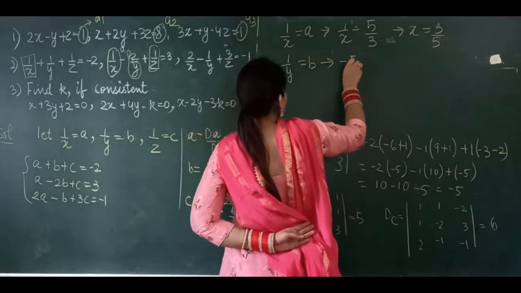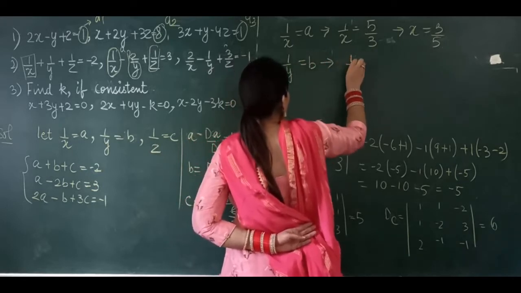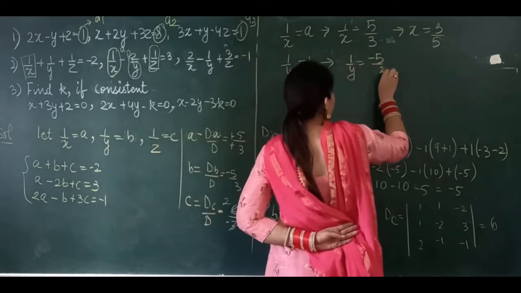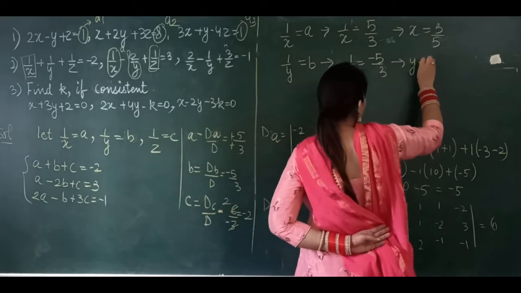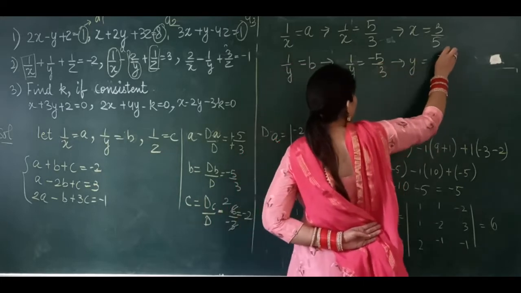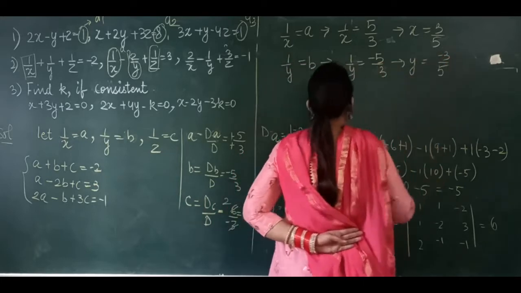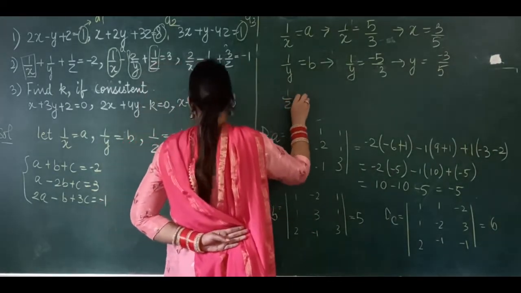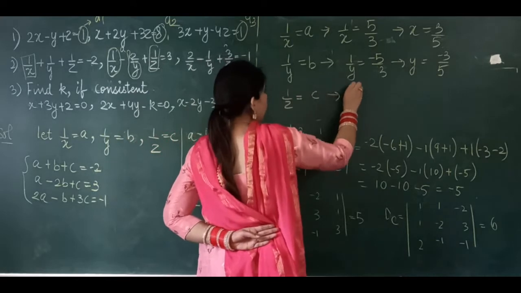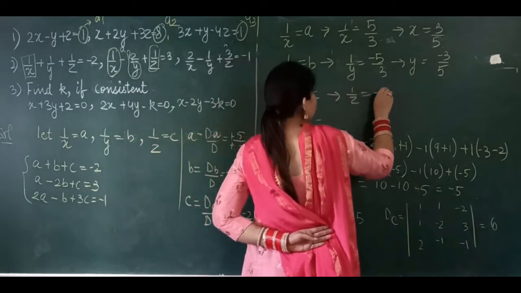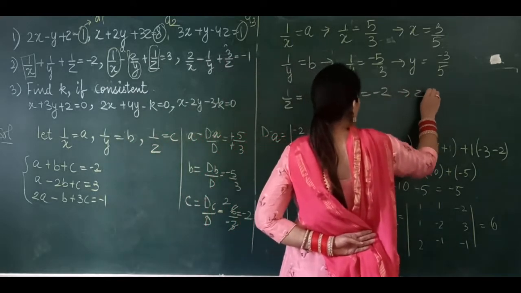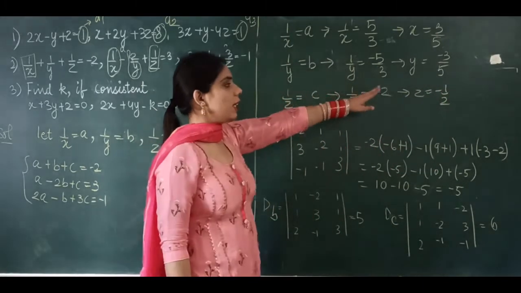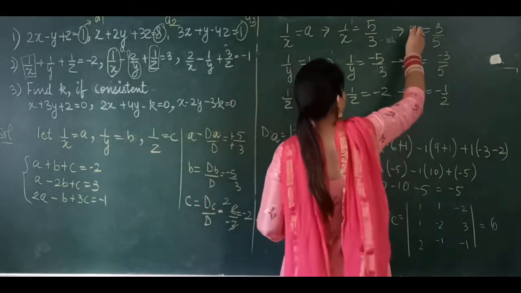So 1 upon y is equal to minus 5 upon 3. So my y will be the reciprocal. It will be minus 3 upon 5. In the similar way, 1 upon z was equal to c. So 1 upon z is equal to minus 2. So z comes out to be minus 1 upon 2. So these are the values of x, y and z.